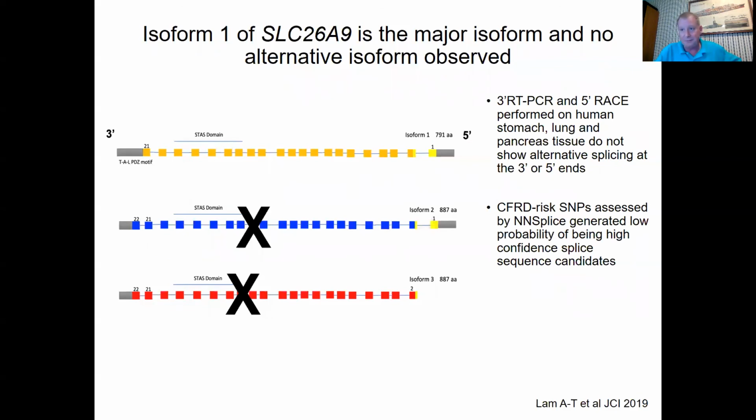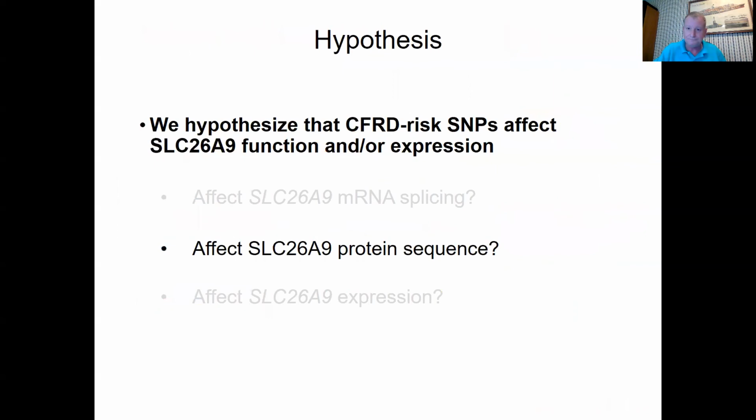We also looked as hard as we could at these variants to see if they themselves might affect splicing. No evidence, and there's no evidence using splice QTL, another bioinformatic approach. We could find no evidence that these variants were altering the splicing forms of A9, and in fact could show there seemed to be one primary transcript in the pancreas, but also in the stomach and the lung.